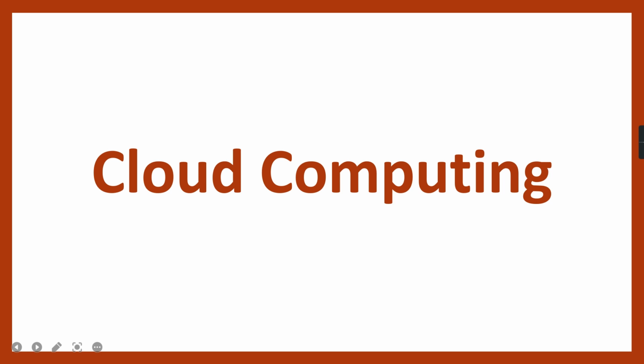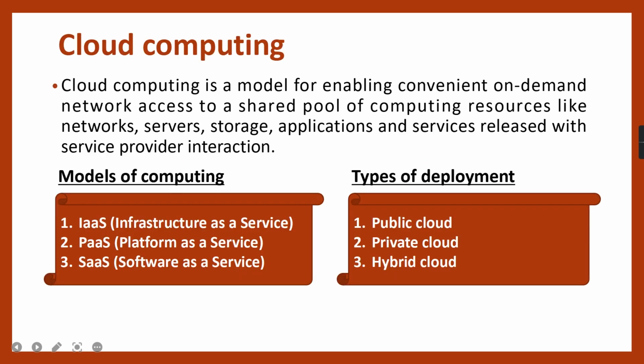Now let us see the definition which is given in the textbook. It says cloud computing is a model for enabling convenient on-demand network access to a shared pool of computing resources like networks, servers, storage, applications.